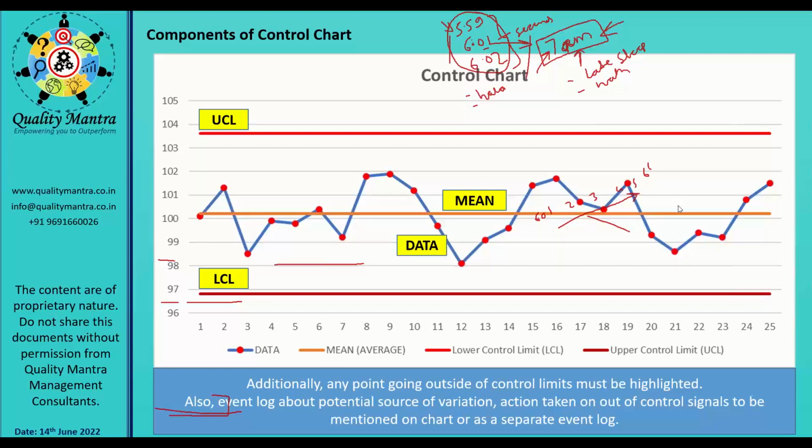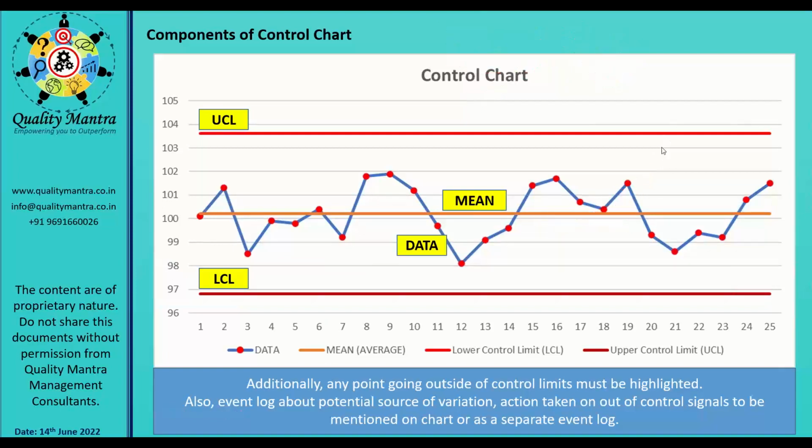Now as I told you, what are the various components of the control chart? कंट्रोल चार्ट के अलग अलग कंपोनेंट. UCL means what? Upper control limit. UCL is upper control limit. Then there is an LCL, lower control limit. Then there is a mean, that is average.